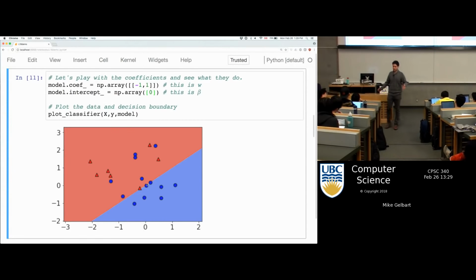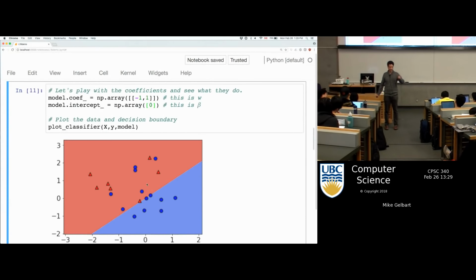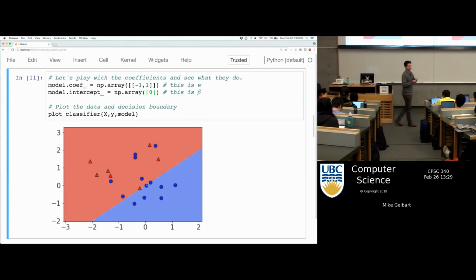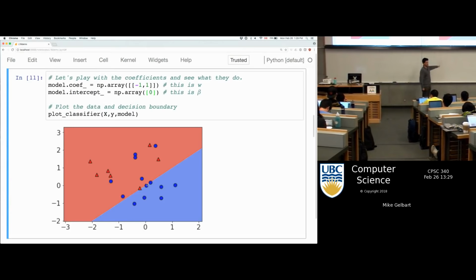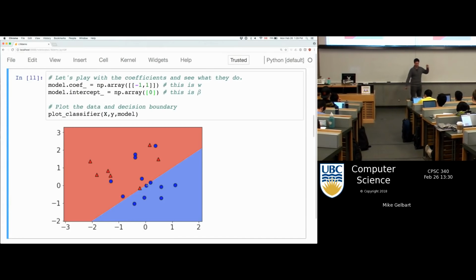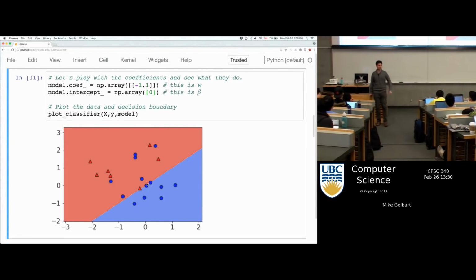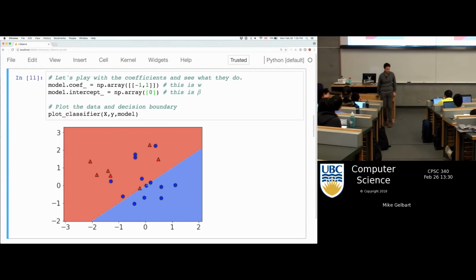Because if my intercept is 0, then when x is 0, 0, W transpose X is going to give me 0, meaning it's on the boundary. So again, remember, there is a plane coming out of this board at some particular angle, and the line is W transpose X equals 0. OK, so that's what the intercept does. It shifts. Kind of makes sense. It shifts orthogonally to the plane.